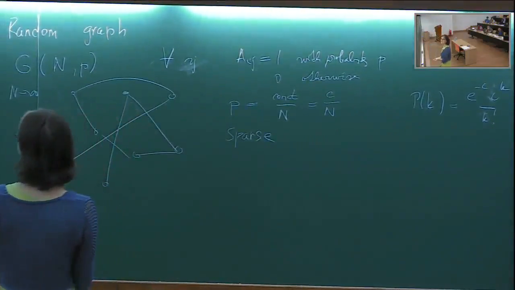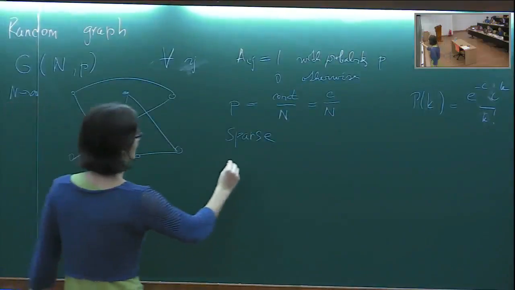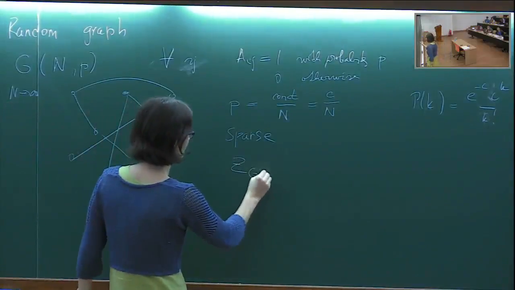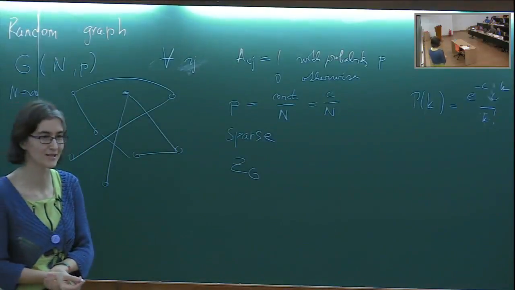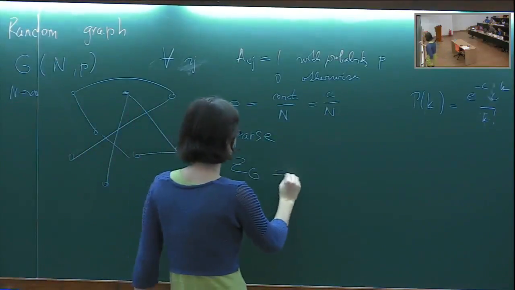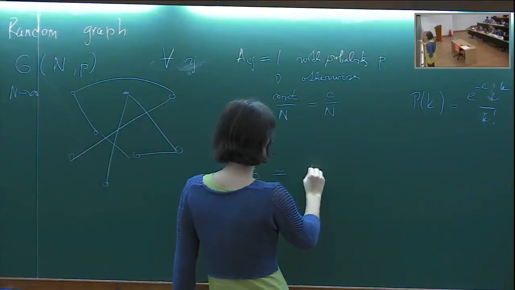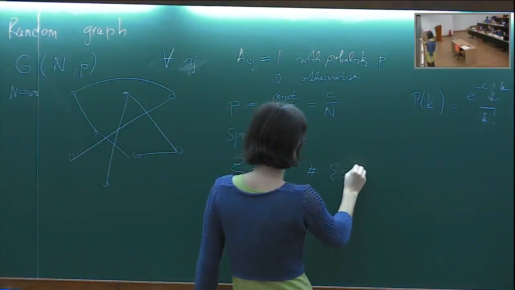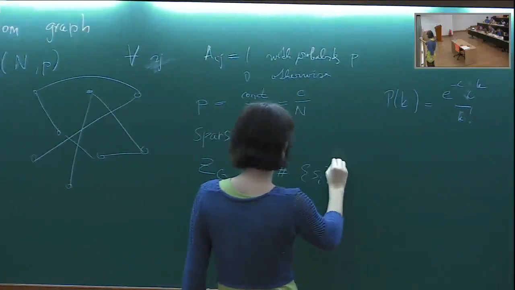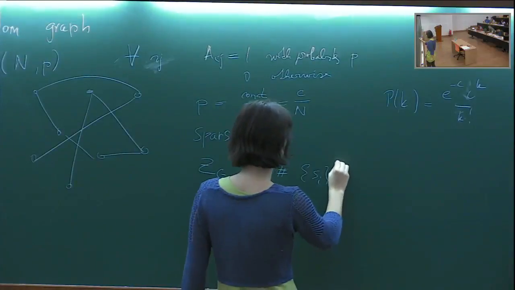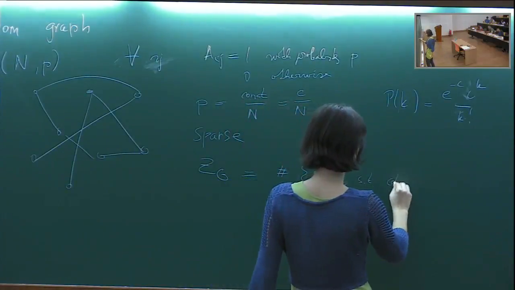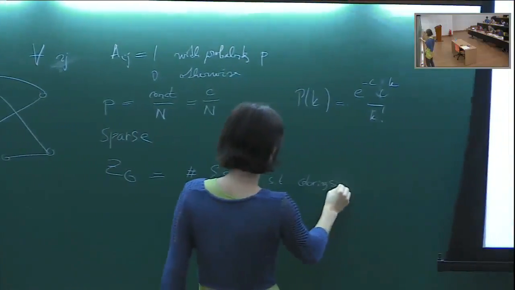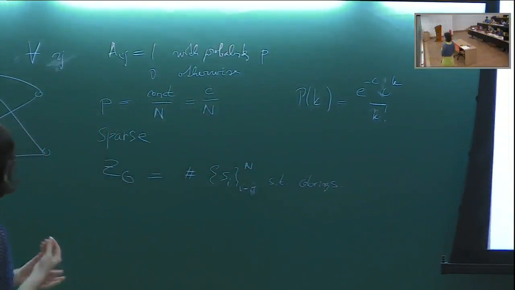The number of colorings of a given graph will be Z of G, because it will end up being the partition function of our statistical physics model. This is the number of sets S_i, for i from 1 to n, such that this set is a valid coloring. Just writing it schematically.